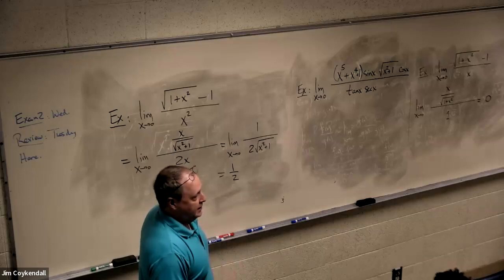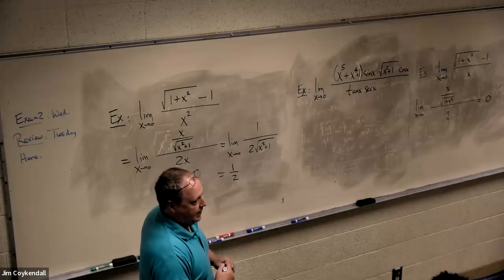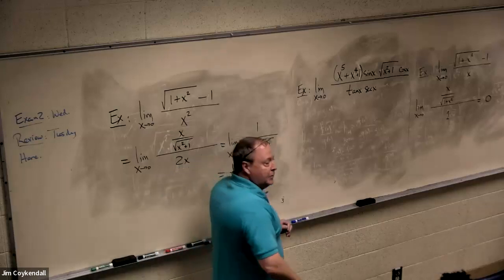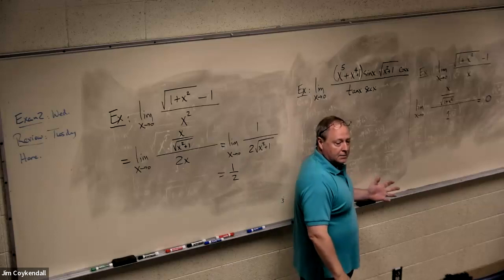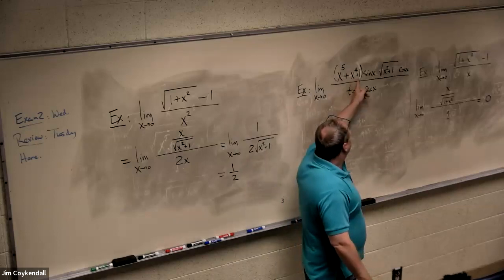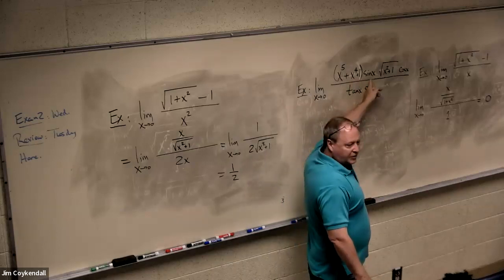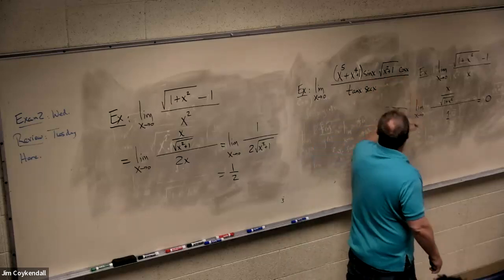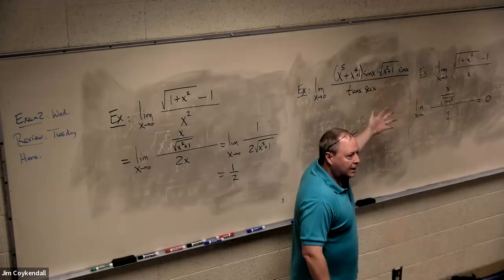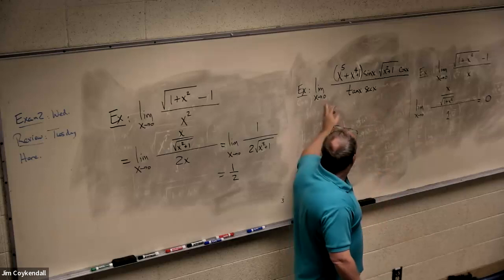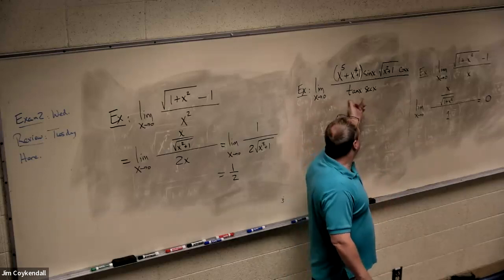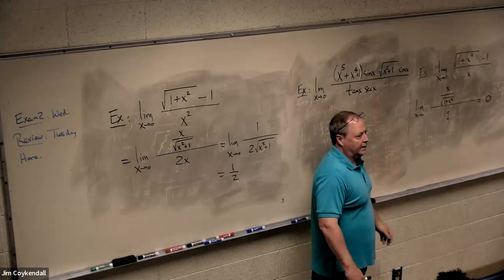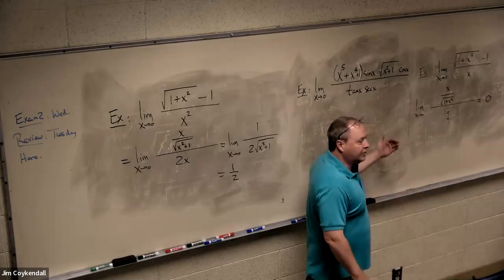And today is my lucky day. Now, what happens if you plug in the top? This gives you a 1. That's a 0. That's a 1. That's a 1. So everything's a 0. 0 on the top. What happens if you plug in the bottom? It's 0, and then you get a 1. So it comes to 0. So you get 0 over 0.